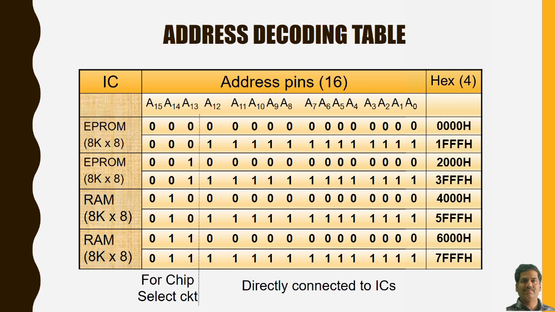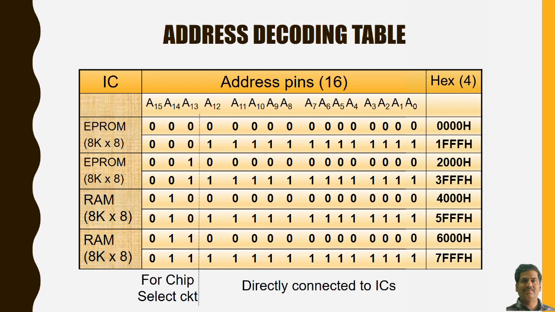When this is 0, the first EEPROM will be selected. When it is 1, the second EEPROM will be selected. When it is 2 decimal, the first RAM will be selected, and when it is 3 decimal, the second RAM will be selected.